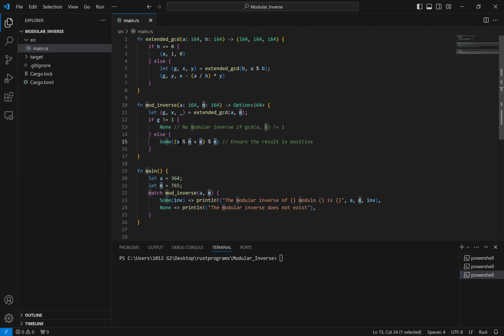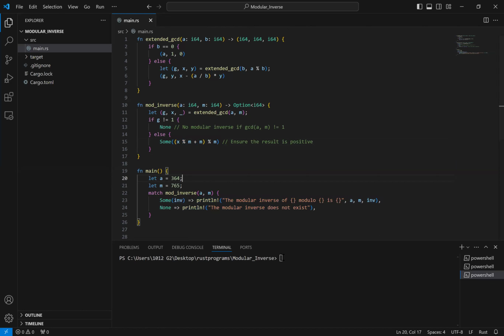The result you get is again divided by m and you take the remainder. That is what this symbol means. That is now the result, which is then printed here.